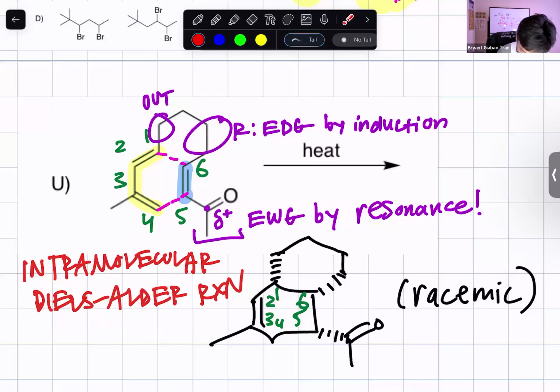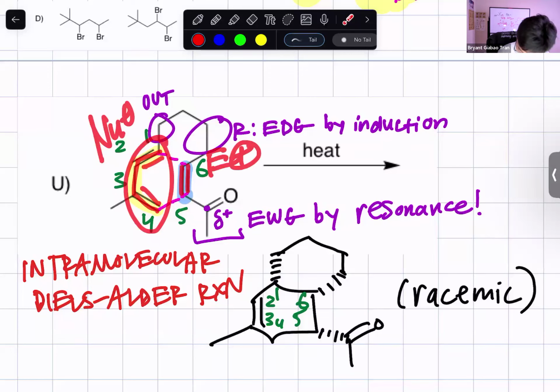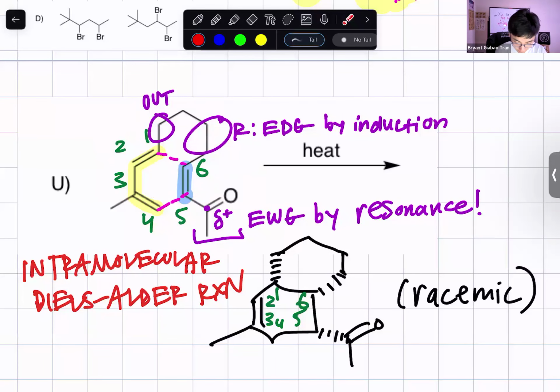It's intramolecular because the diene is on the same molecule as the dienophile. The nucleophile is the diene, the electrophile is the dienophile. Since they're on the same molecule and it's attacking itself, it's an intramolecular Diels-Alder reaction, right?